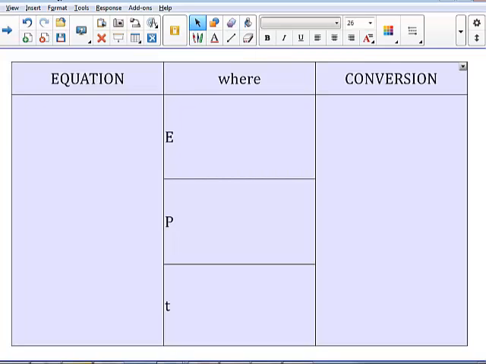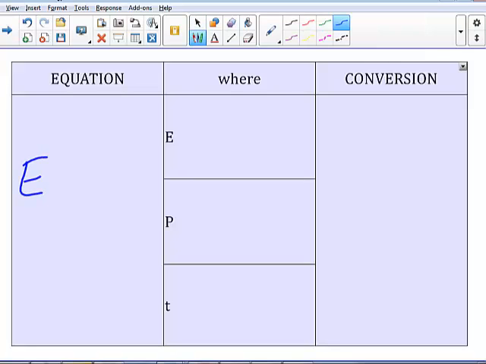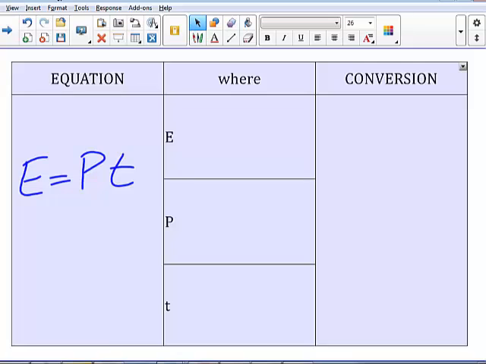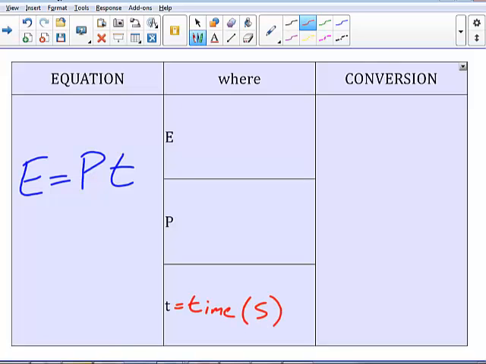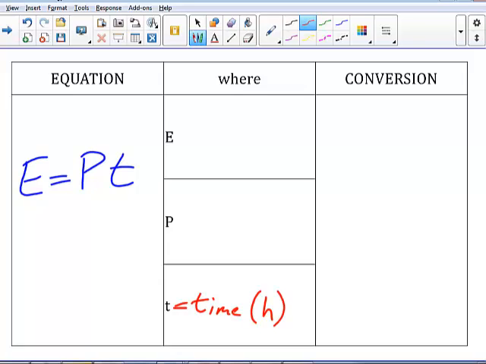So the equation we're going to be looking at here is that energy is equal to power times time. So time, which is down here, we're going to measure that in hours.